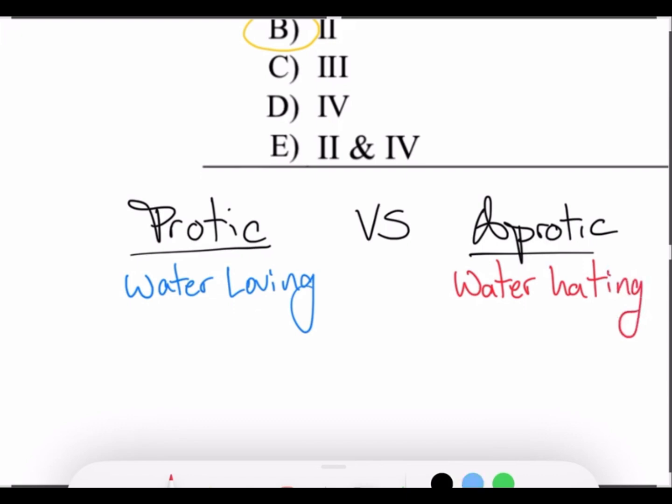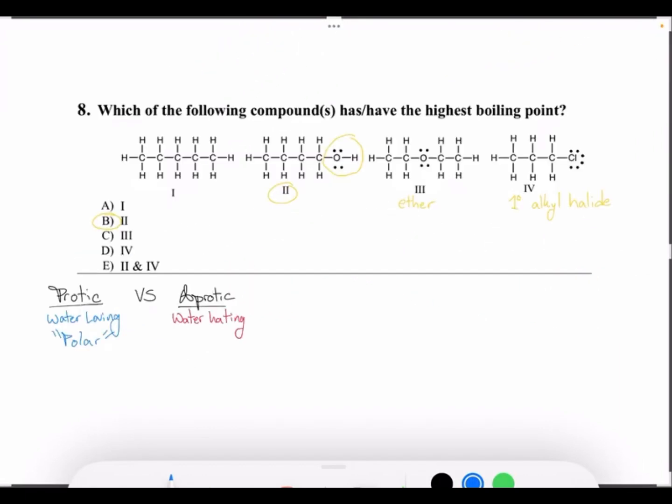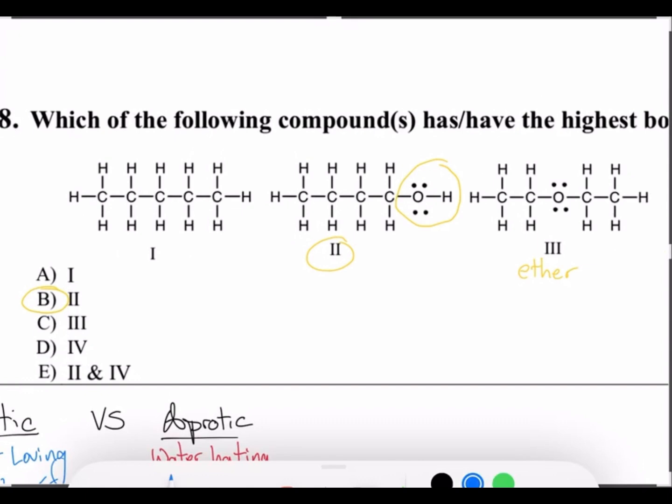And so you can remember protic because it kind of sounds like polar. So in this problem, only our primary alcohol is protic because it has that hydrogen bond.